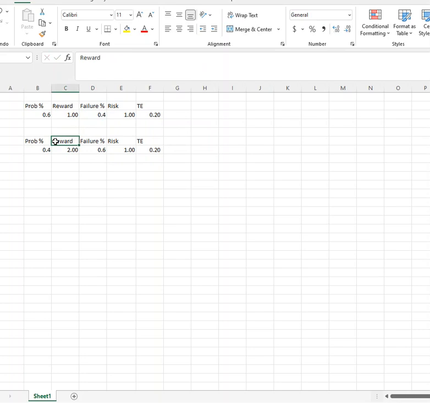And here is a 60% trade. And the 60% trade is a 1-to-1, so I'm risking $100 to make 100, or I'm risking $1 to make $1. And here is a 40% example where I'm risking $1 to make $2, or I'm risking $100 to make $200. And at the end of the day, the outcome is the same.